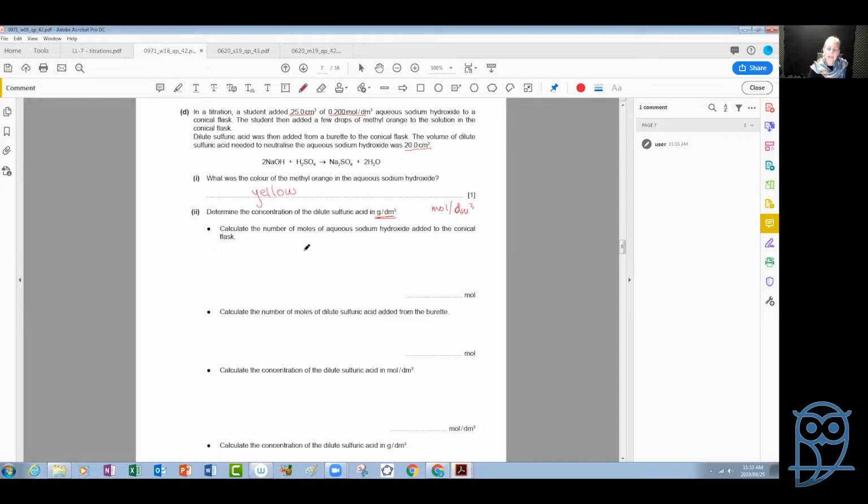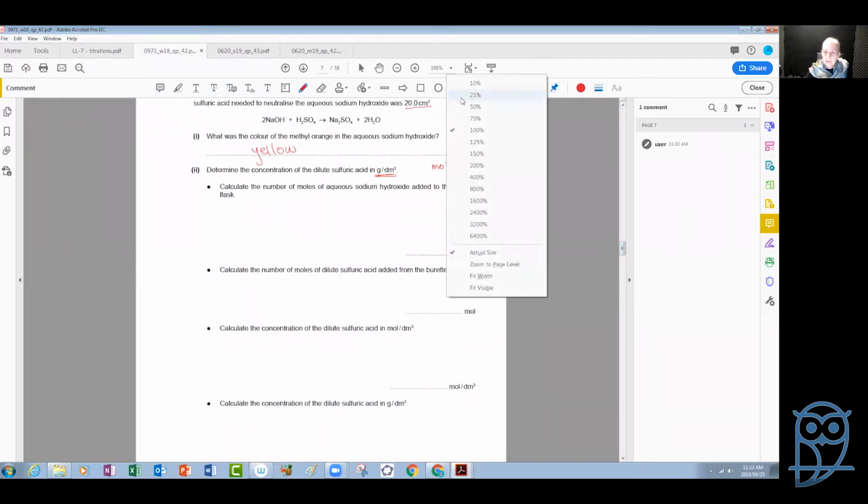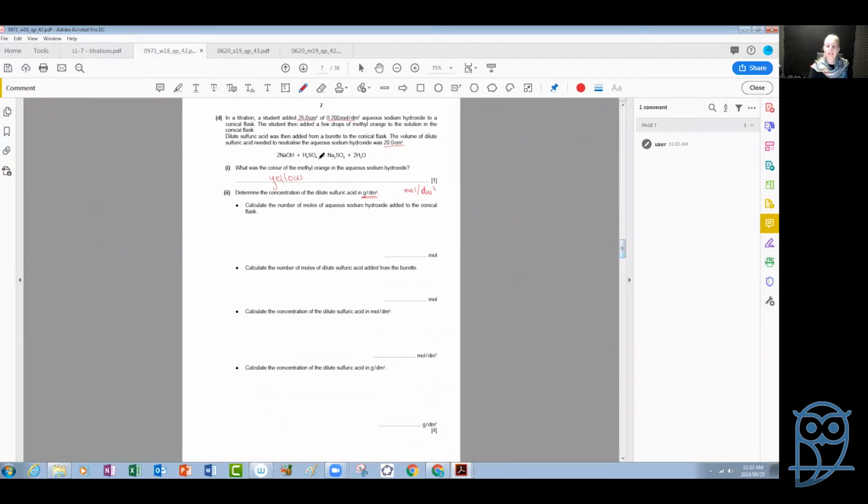But now I want you to take a look at this question. Okay, maybe I should reduce the page a bit so that you can see the whole of it. You see, they tell us to find the concentration of the dilute sulfuric acid, but these dots here actually show us the steps of how to go about it.